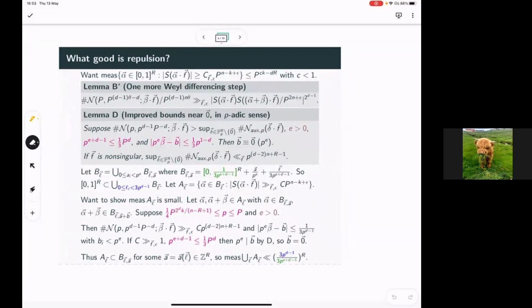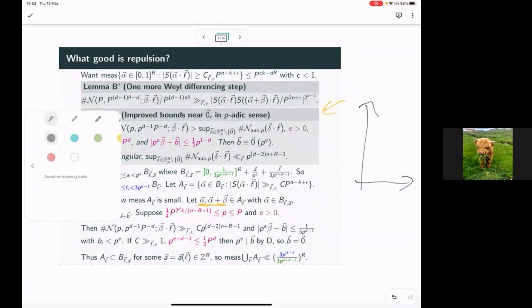So what we want is to be able to apply our p-adic repulsion to show that, because the exponential sum is large at both of these two points, and because these two points are close together in the p-adic sense, they differ by more or less a rational vector with denominator dividing p to the e.